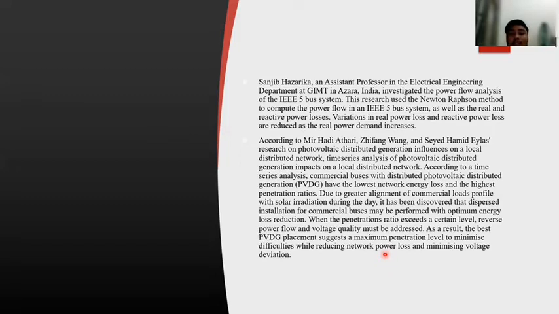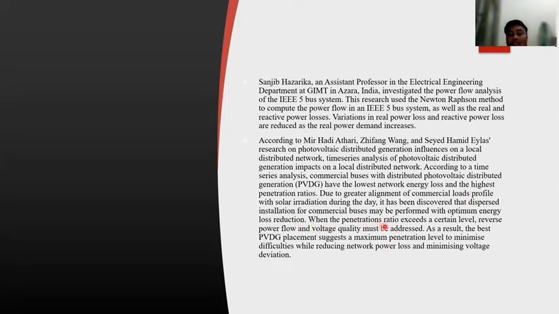According to the time series analysis, commercial buses with photovoltaic distributed generation, which is PVDG, have the lowest network energy loss and the highest penetration ratios. Due to greater alignment of commercial load profiles with solar irradiation during the day, it has been discovered that dispersed installation for commercial buses may be performed with optimum energy loss reduction.